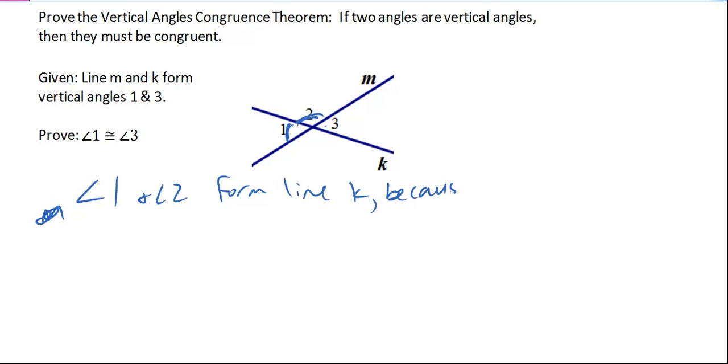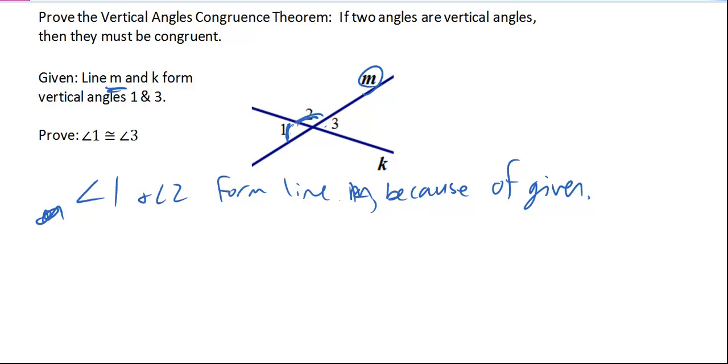because it was given to us. We know, that's line M. And I know that line M is a line, basically, because of given information. Okay? And so what we know is that if two angles form a line, what must be true? Right? We know that they form what's called a straight angle, which means they form a linear pair. Okay?